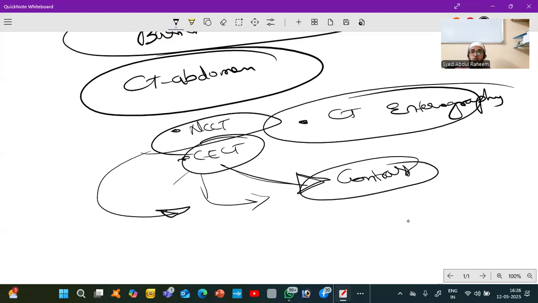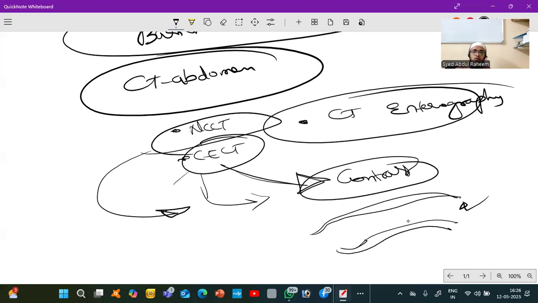If you want to focus more on mucosal thickening or mucosal condition, you have to go with CT enterography.